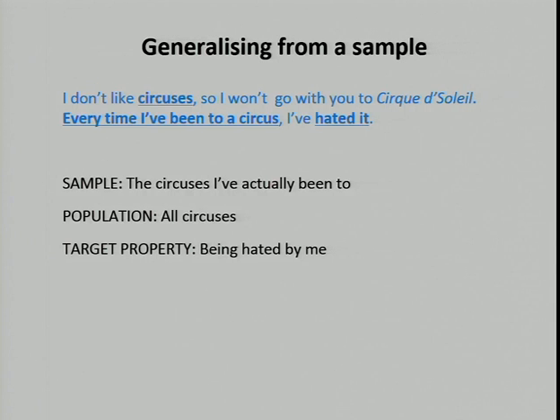Every time I've experienced X, it's been really awful, so that must be true for all instances of X or something like that, right? So that's not to say that's a good argument, but we could still reconstruct it in that same way by identifying sample, population, and target property.